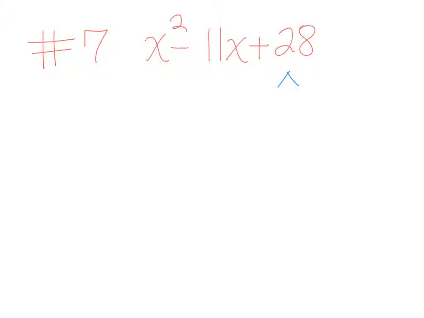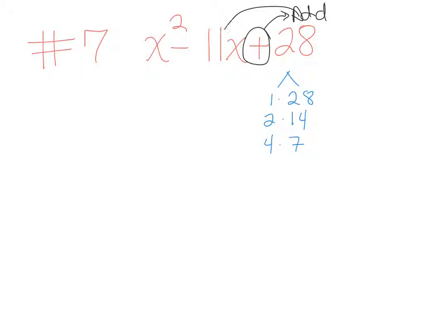What are the factors of 28? 1 times 28, 2 times 14, 4 times 7. And that's it, right? Then the signs are talking to you. These signs are telling you which factors, when you add them, equal 11.